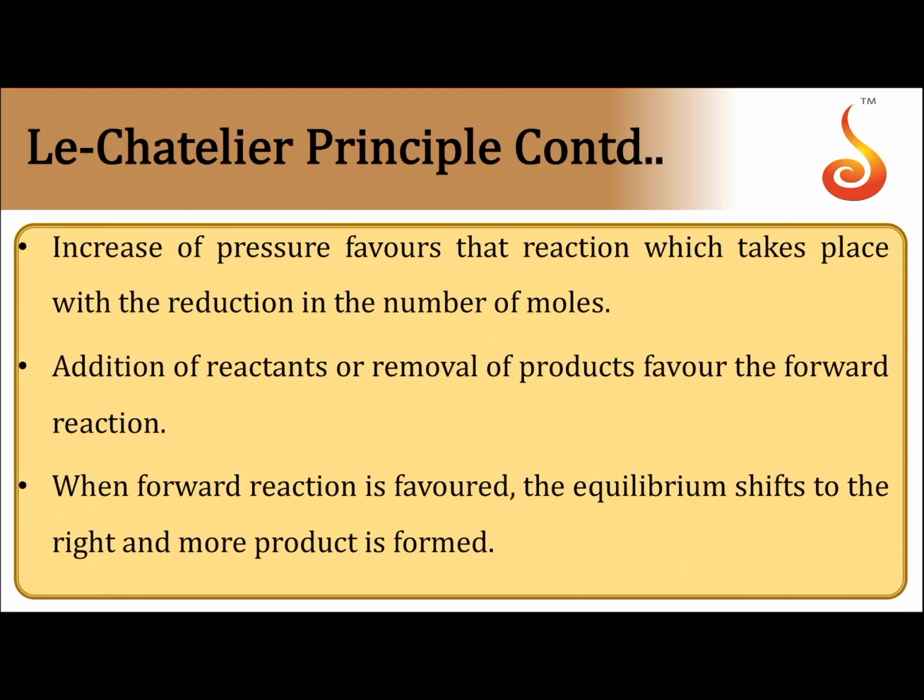An increase in pressure favors the reaction which takes place with a reduction in the number of moles. For example, for a reaction like A giving 2B, if you increase the pressure, the reaction moves in the backward direction, because in the backward direction there are fewer moles.